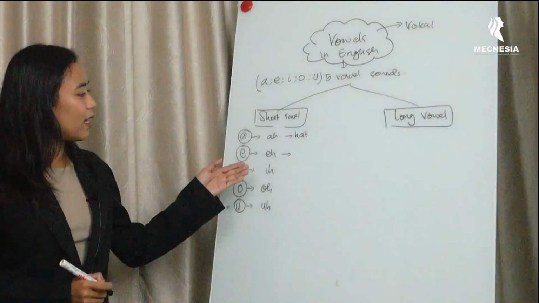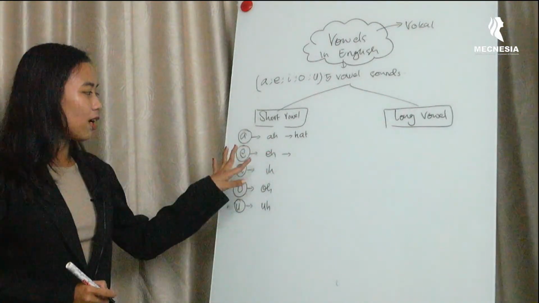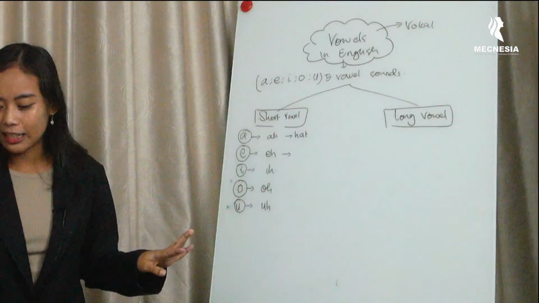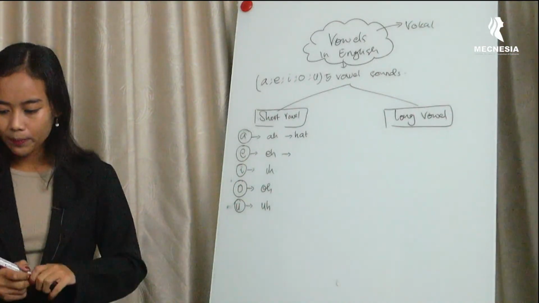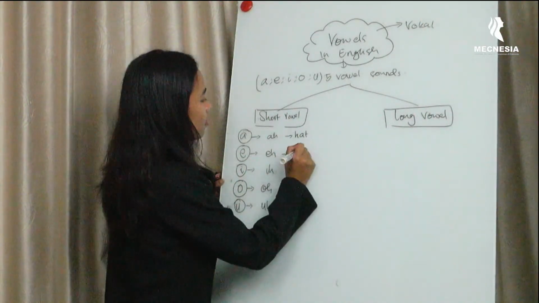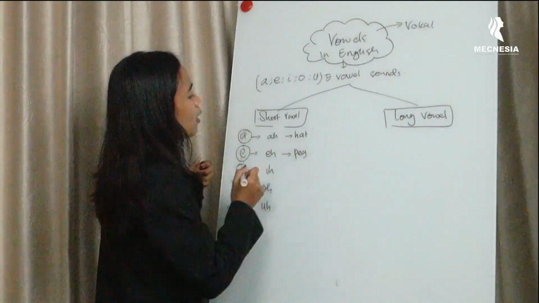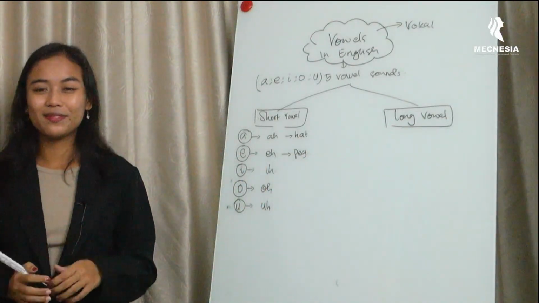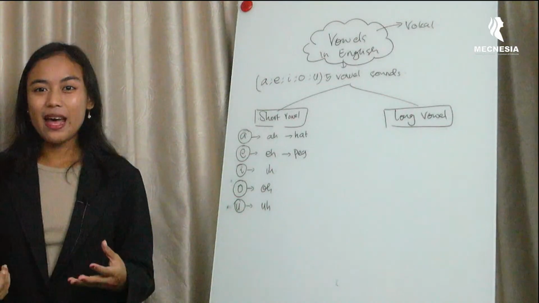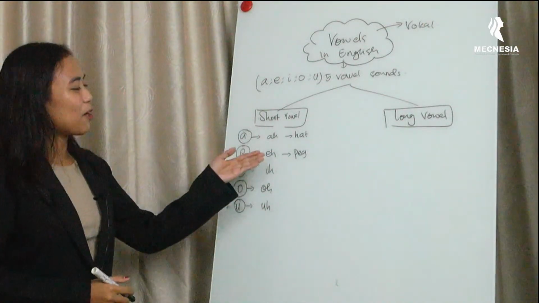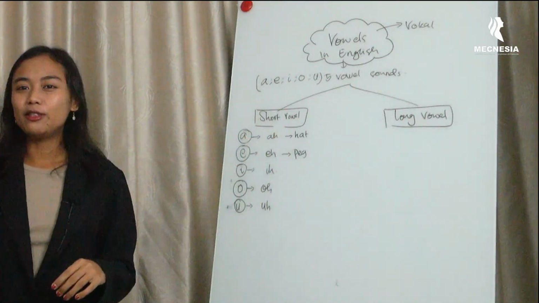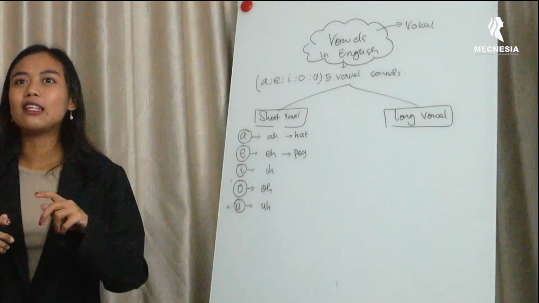Well, we can find this sound, kita bakal ketemu bunyi ini in the word peg. Let's say it together. Peg. Okay, peg means jepitan baju. Jepitan baju yang biasa dipakai di jemuran.